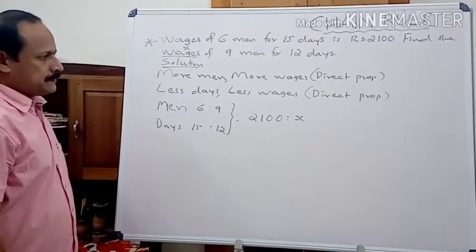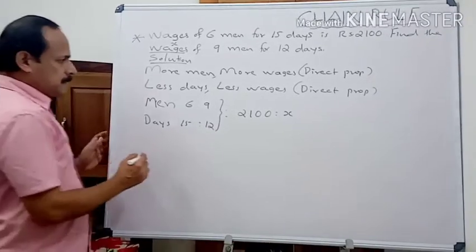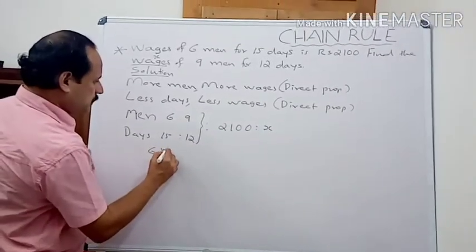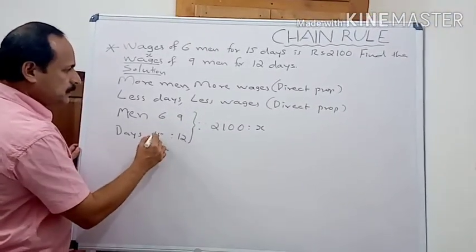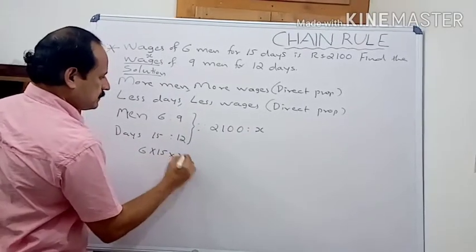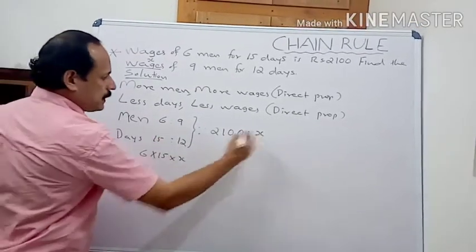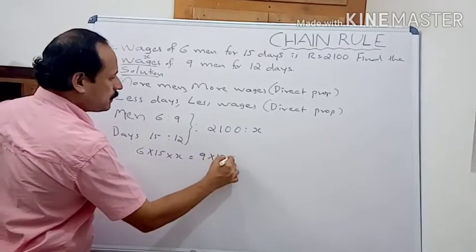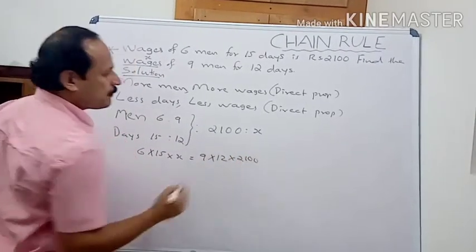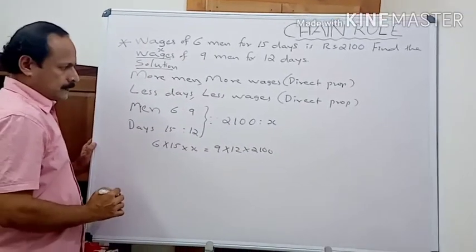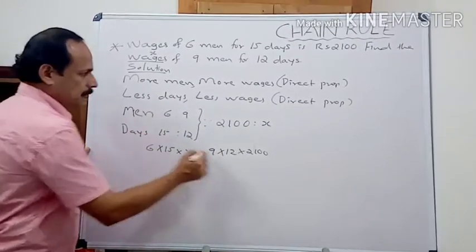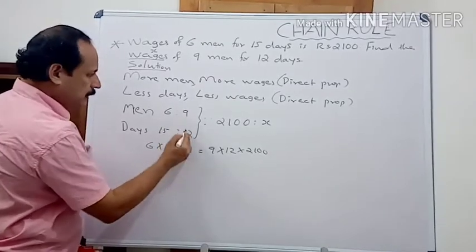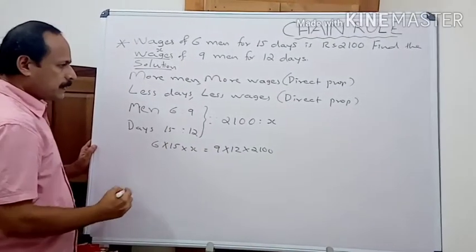required wage. Next step is 6 into 15 into x equal to 9 into 12 into 2100. This is the order. 6 into 15 into x equal to 9 into 12 into 2100.